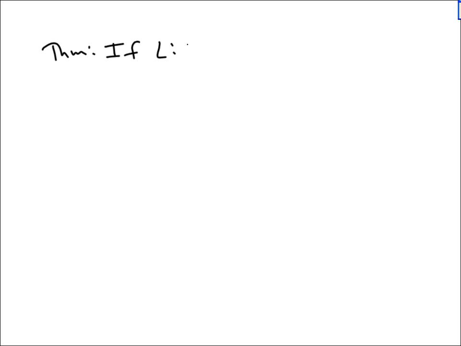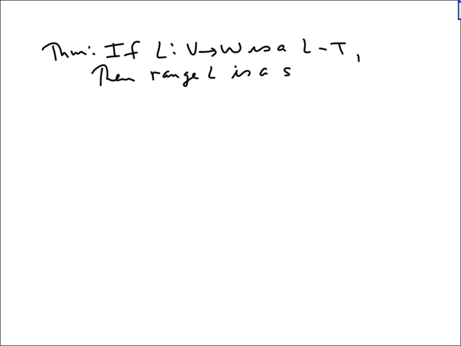If L from V to W is a linear transformation, then the range of L is a subspace of W. Okay, proof.